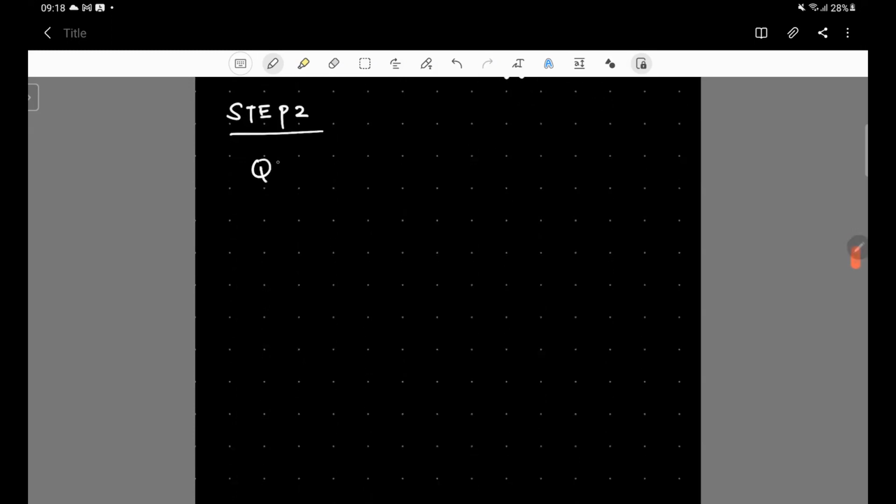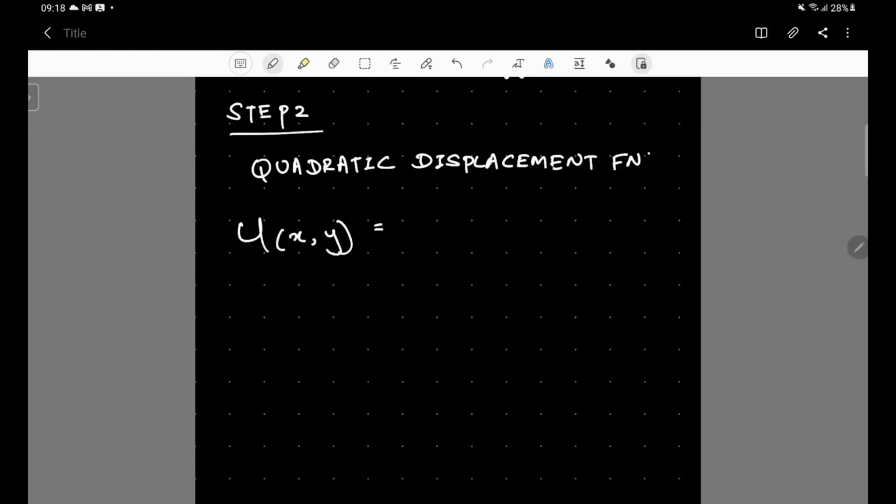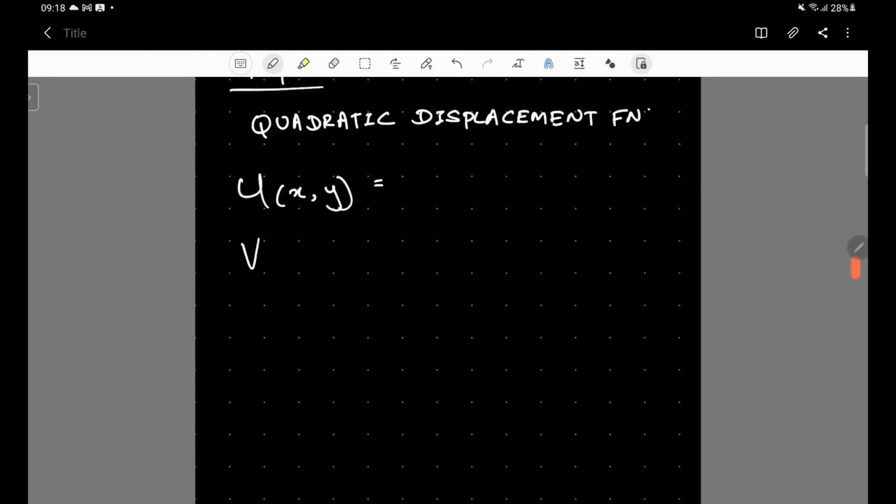We're using a quadratic function. So the displacements in the x direction is a function of again x and y. And if you can recollect, since we have 12 degrees of freedom, we will have two functions with 12 unknowns, which we will have to calculate to solve the problem.